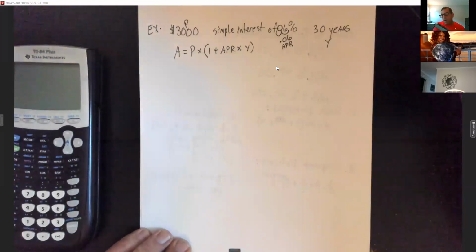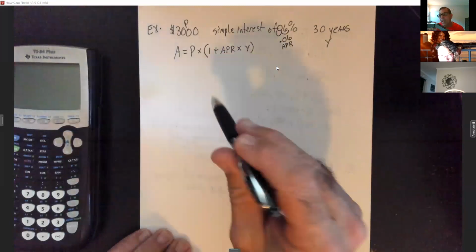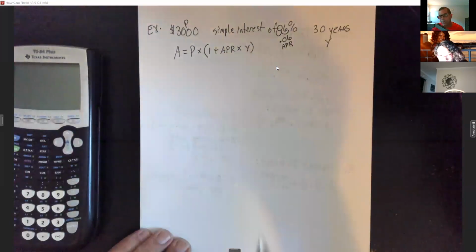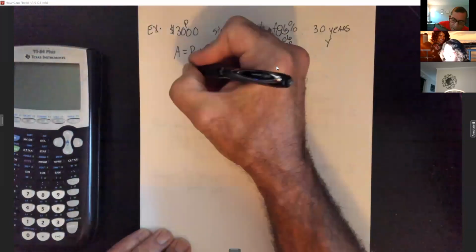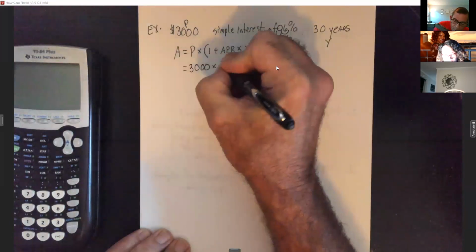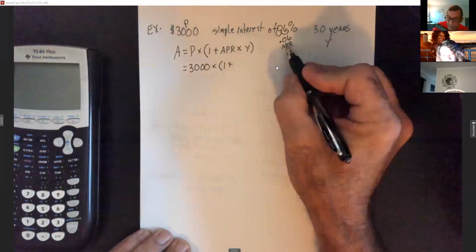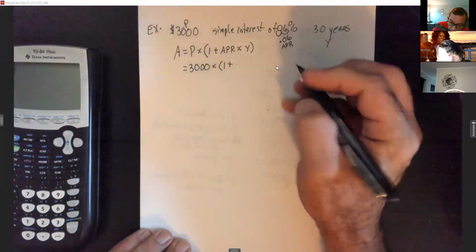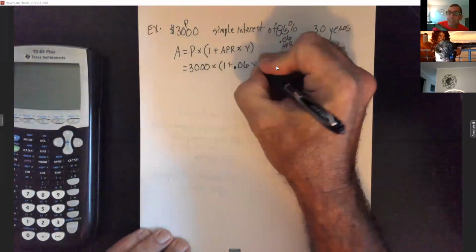So now that we got everything we need, we're going to go plug it into this formula, and we're going to follow order of operations. So here we go. P is 3,000 times 1 plus my APR, which is 0.06, times Y, which is 30.